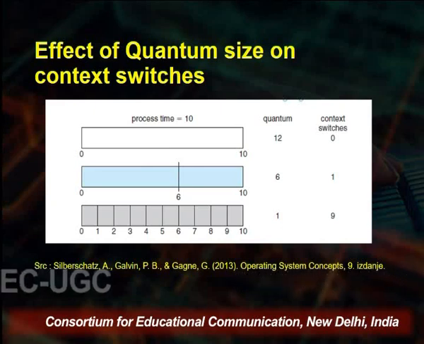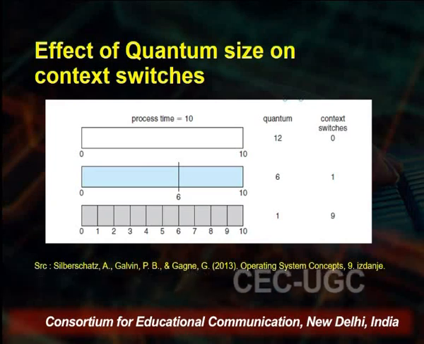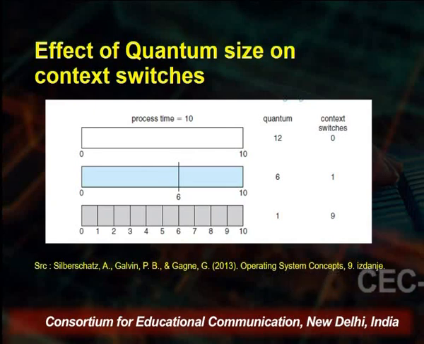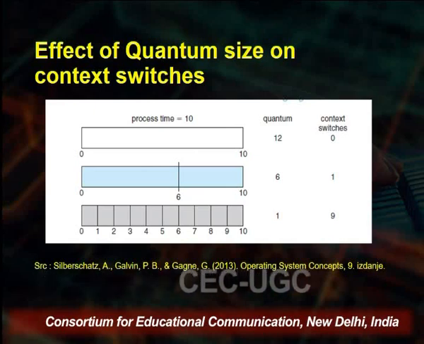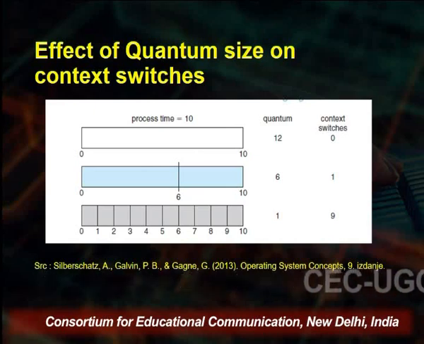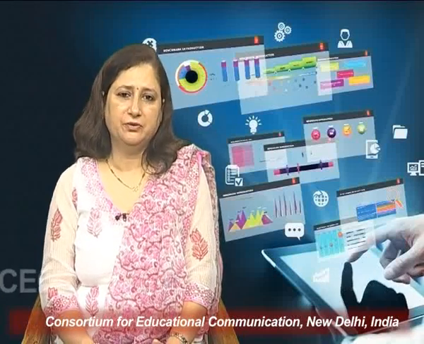Now, if we look at the extreme end where we have the quantum of 1 millisecond, that is the process will get the CPU only for 1 millisecond at a time. In this case, how many context switches are going to be there? There will be 9 context switches within the given 10 milliseconds, right.